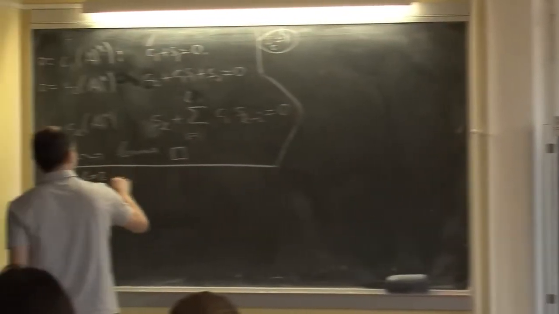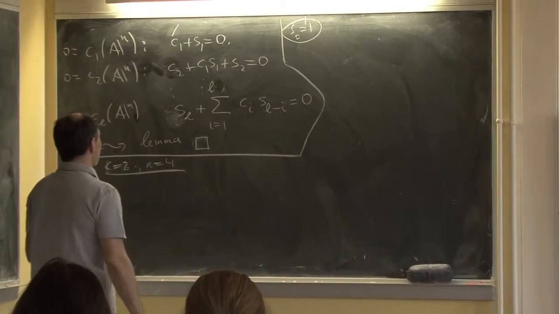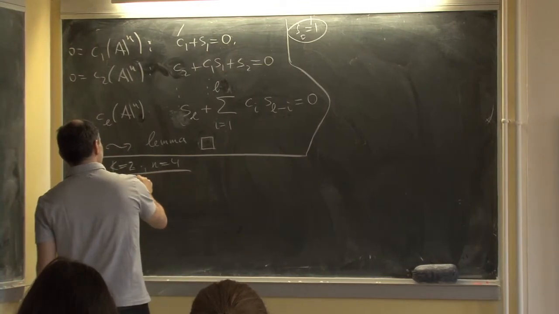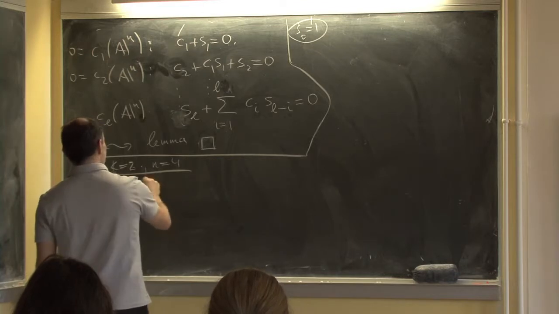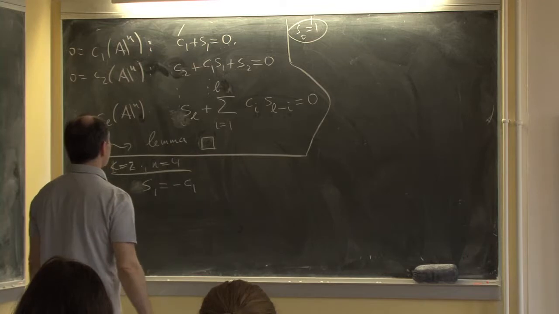So let's see what this looks like in the case k equals 2, n equals 4. We get that S1 is equal to minus C1. That's the first equation.